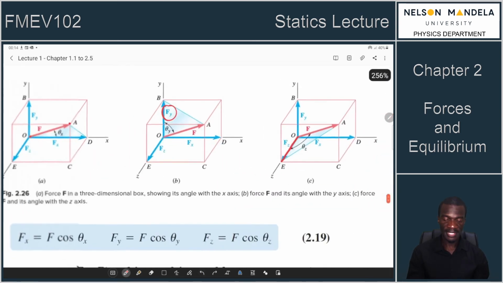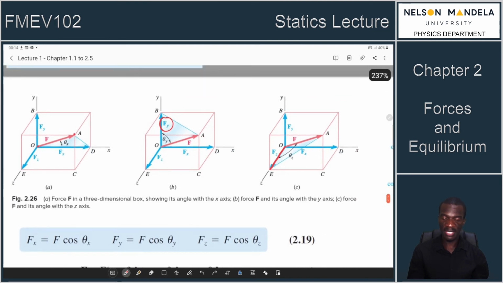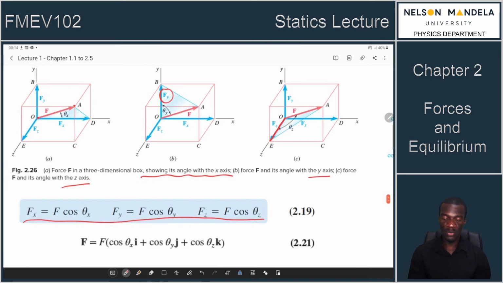So the three-dimensional box shows the angle between the force and the x-axis, the y-axis, and the z-axis. We have already seen how we can derive the separate components.